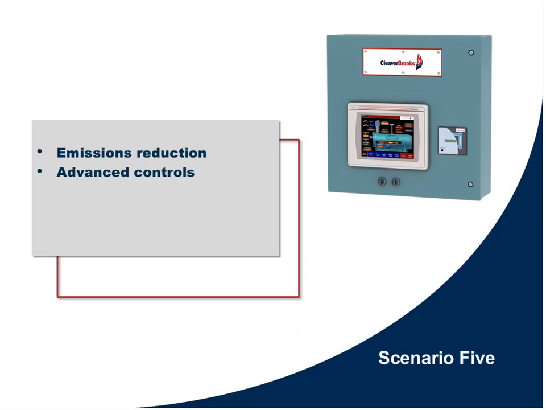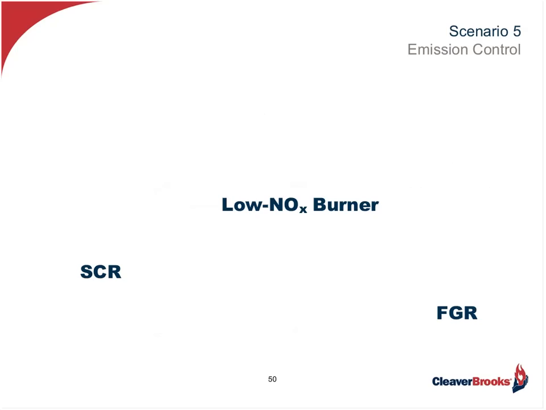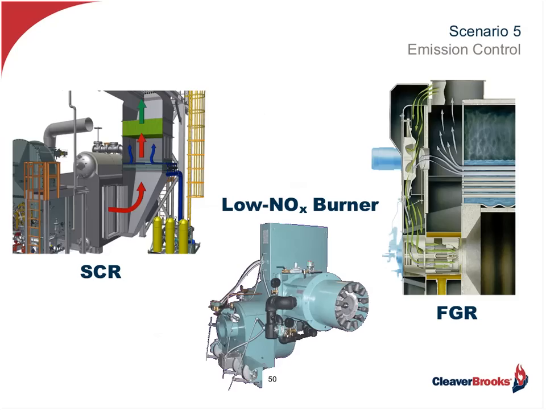Now our last scenario today that we'll be addressing is emission reduction and advanced controls. Now this could probably be a retrofit situation, let's say. As far as emission reduction is concerned, the industry has come a long, long way. We've developed and designed and applied low NOx burners.